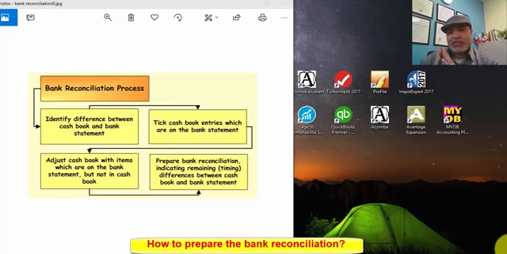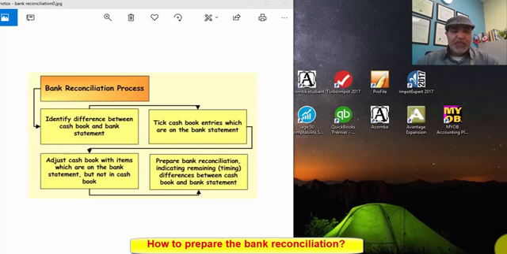The second one will be related to the bank statement that you will receive or pick up from your bank website. Okay, so this is the bank reconciliation: matching, balancing figures, amounts recorded in the company cash book with other figures, other amounts displayed or mentioned in your bank statements.